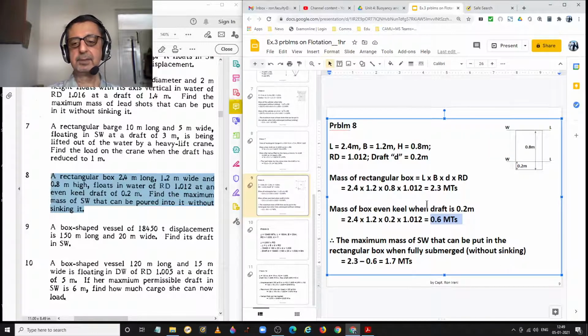And the difference of 2.3 metric tons and 0.6 metric tons lets us know how much salt water can be put in the rectangular box when it is fully submerged. That is 2.3 minus 0.6 equal to 1.7 metric tons.